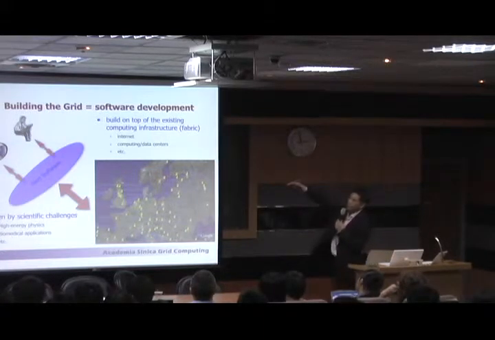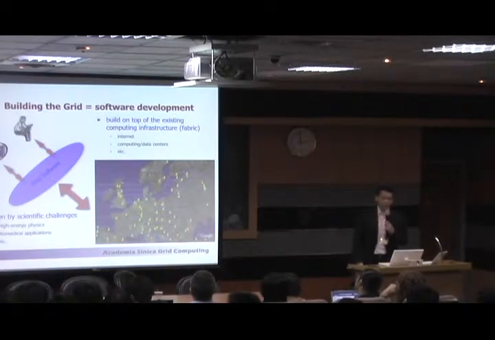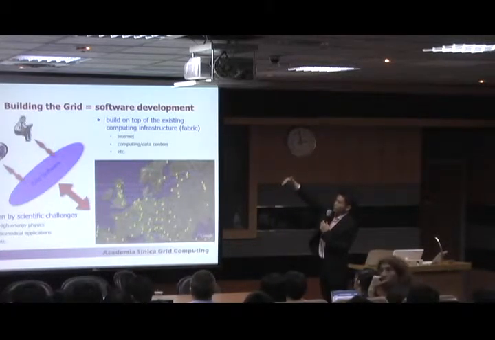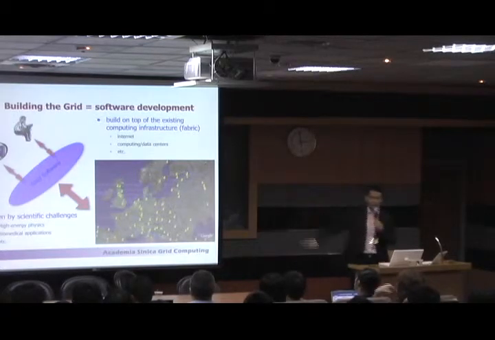On the other side, you have the application domain users. Different users have different application requirements. How to link these parts together is using something I call grid software. So grid development is actually to build on top of this infrastructure a software layer which allows application users to easily access those infrastructures in a simple way.